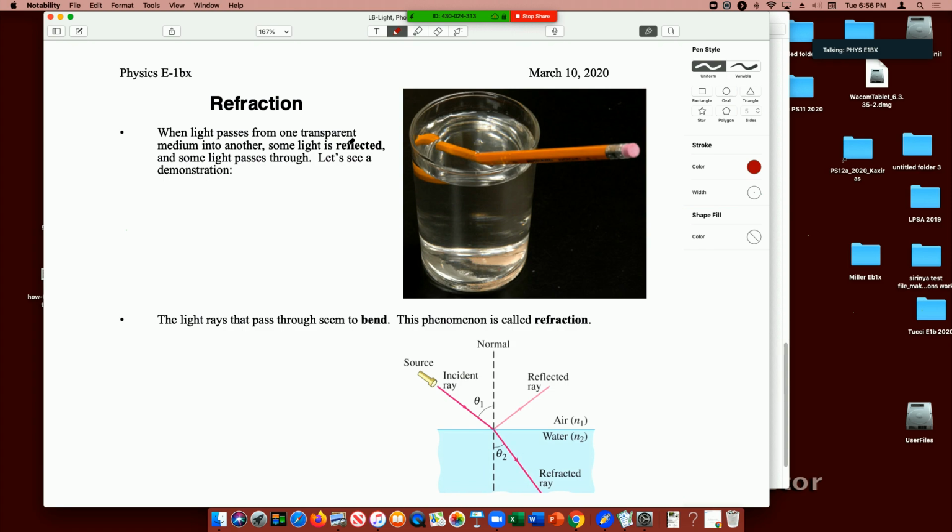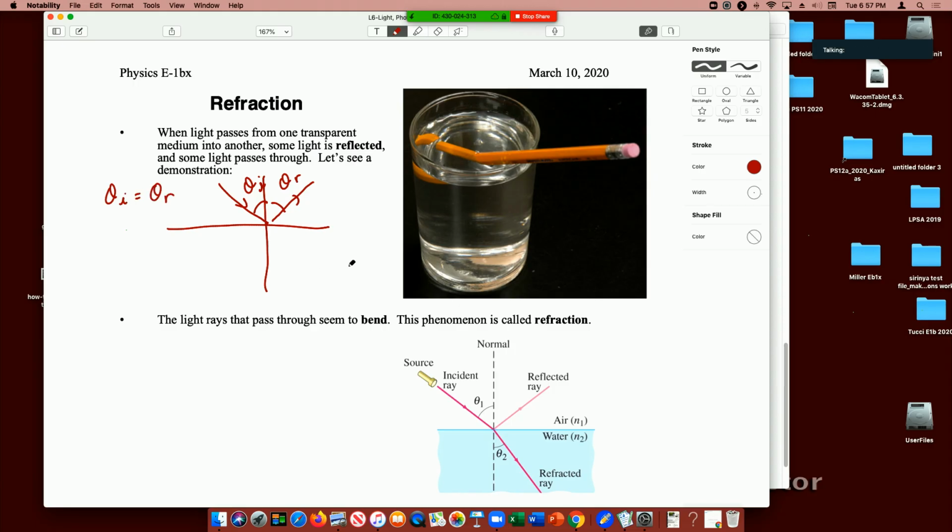Let me draw it, and then we'll look at it again in the demo. This would be the incident angle here. Some of the light is going to reflect at the same angle that it's coming in at, so the incident angle is the same as the reflected angle.